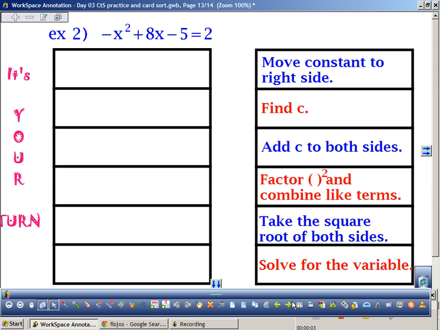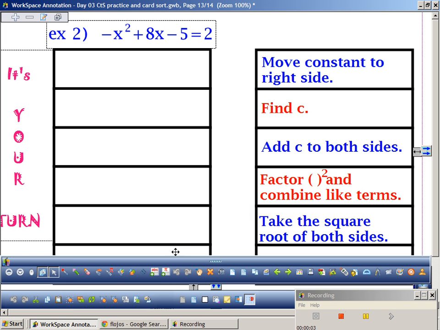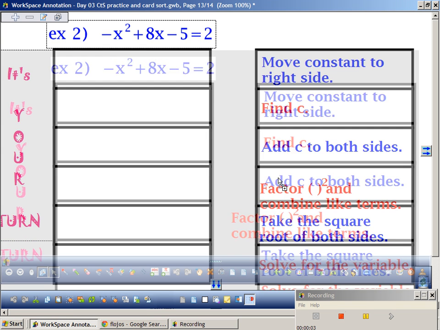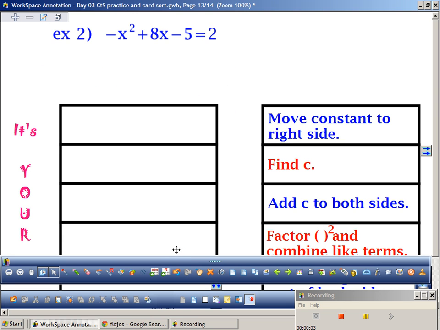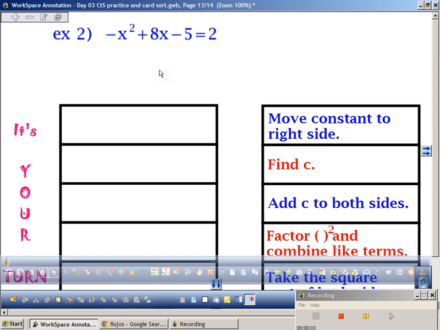Okay, your turn. Would you go ahead and start with this equation just like it is? I wouldn't. You're going to have to move the constant, but before you do that, what makes this a little bit more complicated? Negative. How could I get rid of that? I could multiply the whole thing by negative 1.